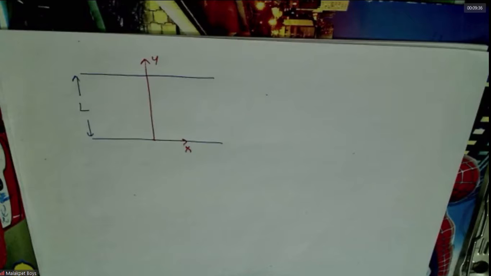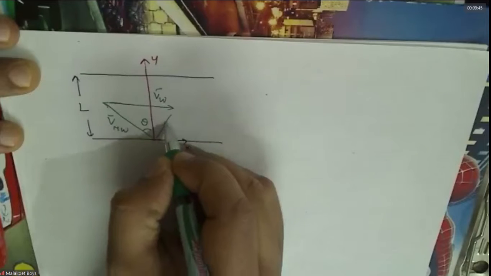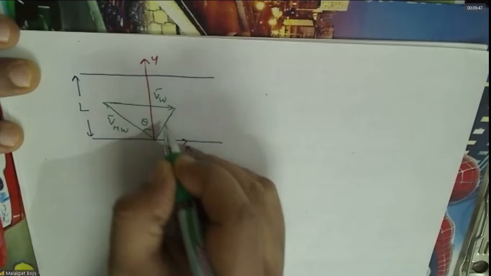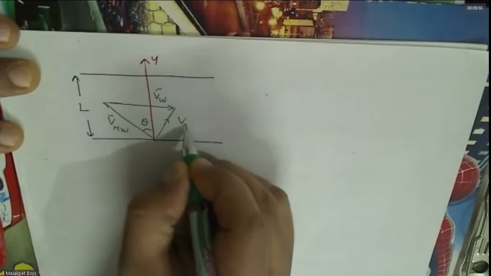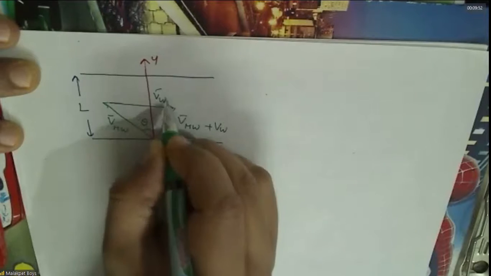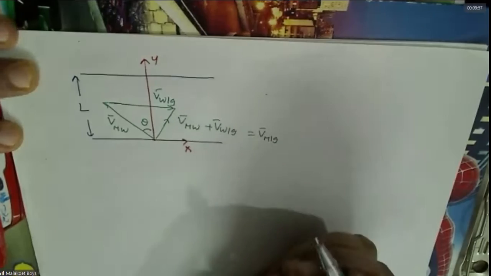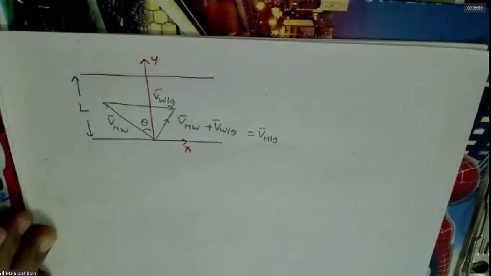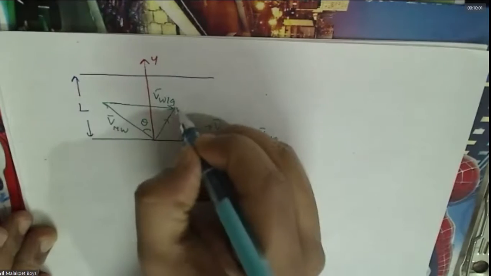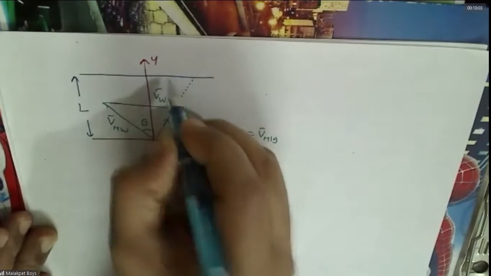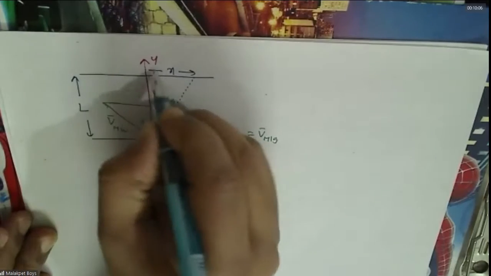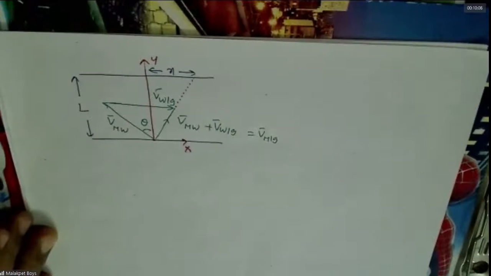This is the velocity of man with respect to water. Depending upon these two, this is the velocity of man, the vector sum of these two, with respect to ground. Remember this? Depending upon the values of these two, he may land up anywhere. So x is a variable. It depends upon these two.